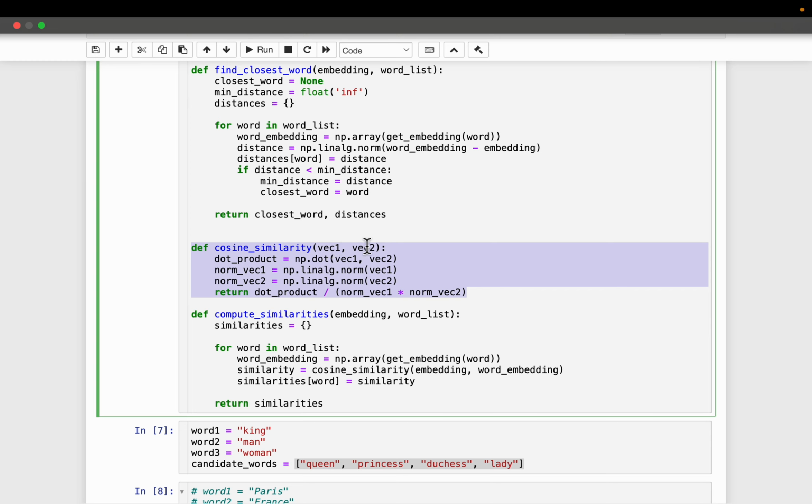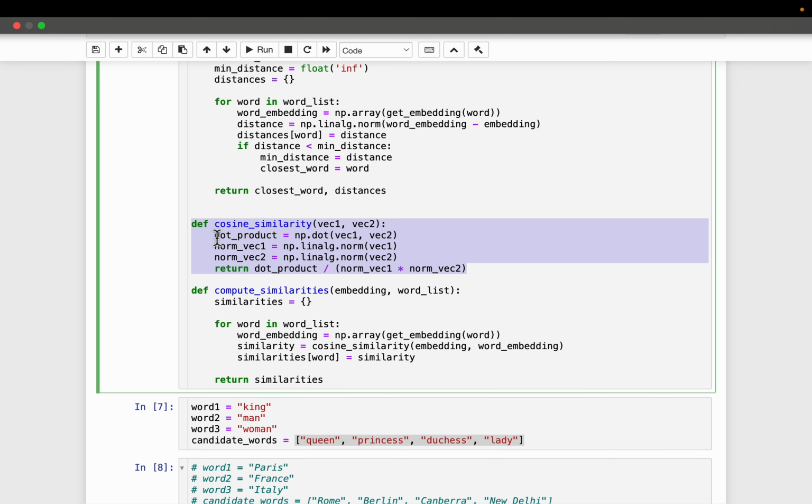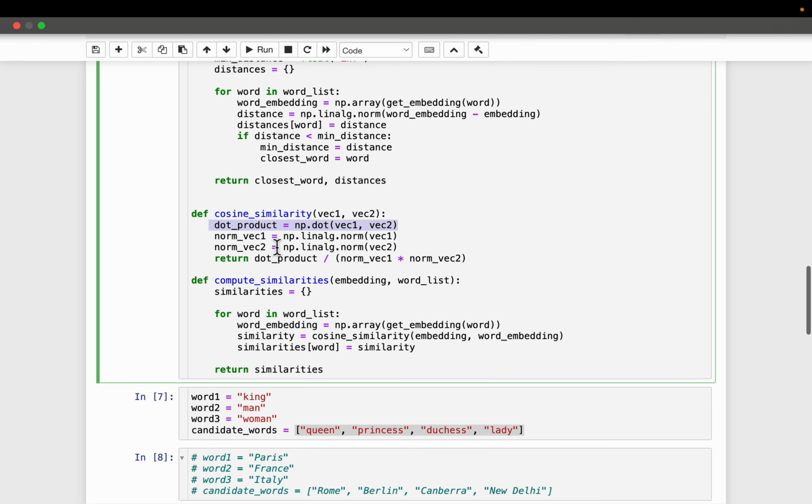We would have these 2 vectors: vector 1 is on the left hand side, vector 2 is on the right hand side. We simply compute the cosine similarity, which is v1 dot v2 divided by v1 norm times v2 norm. So we are computing the dot product between the 2 vectors and normalizing them, and this gives us the cosine similarity, or cos theta.